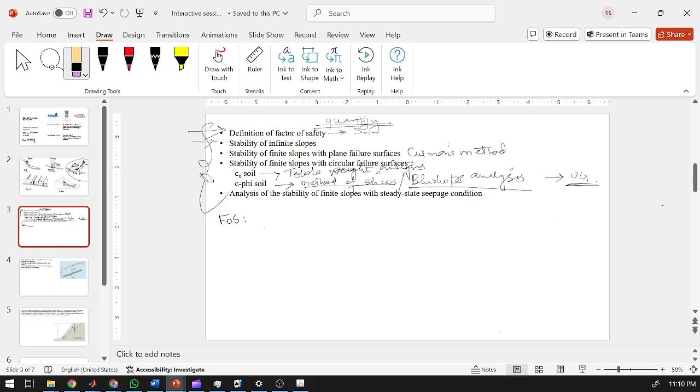One definition states that factor of safety is equal to the average shear strength of soil over mobilized shear strength.